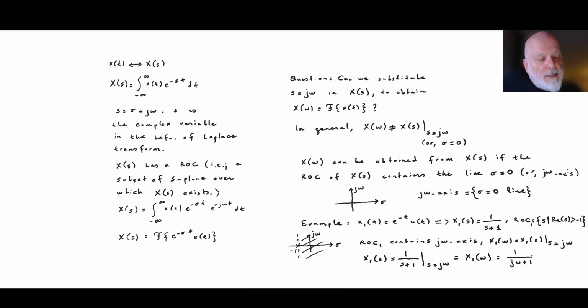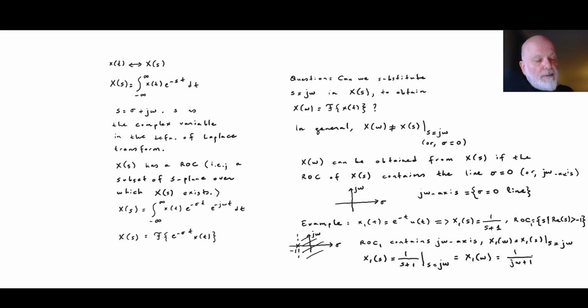Now, if we look at the signal, it is a right-sided signal. It is 0 for negative values of t, and as t tends to infinity, it decays to 0. So we clearly see that x1 of t is absolutely integrable. Therefore, its Fourier transform must exist.